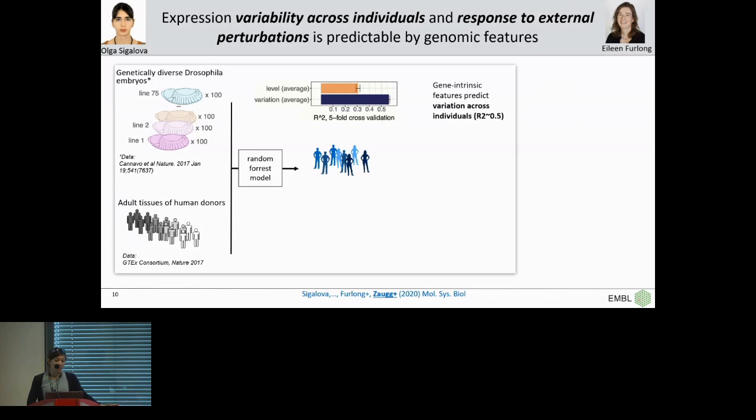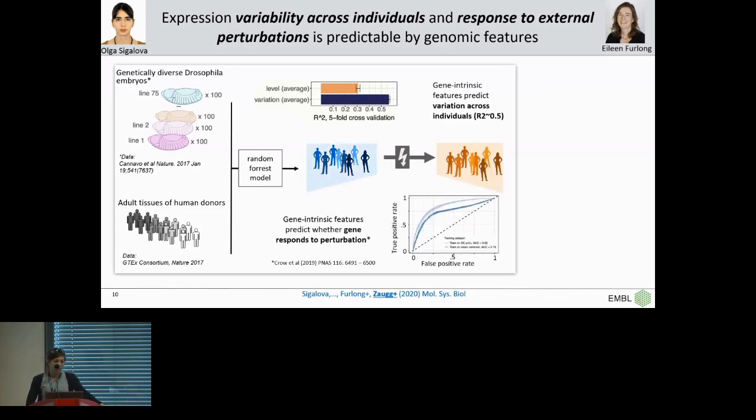And this was the same for Drosophila and human. Now, what was even more fascinating: if we took the database of differentially expressed genes, so not variation across individuals, but genes that respond to any kind of perturbation, we found that the same model would predict very well whether a gene would be differentially expressed or not across any random condition. I think it was a total of 700 conditions that they collected in this paper.